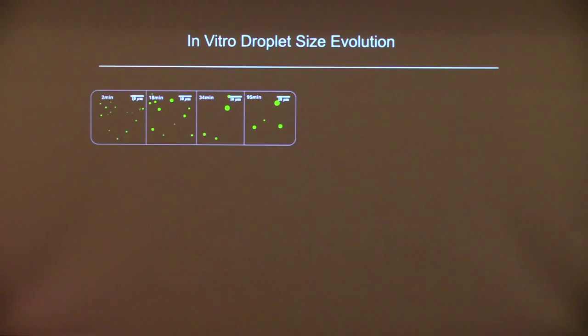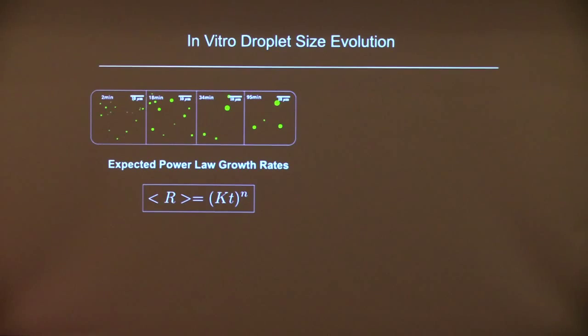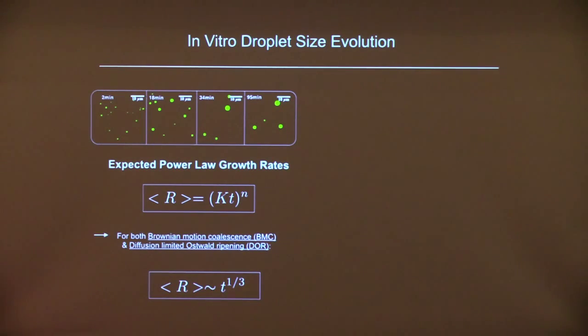So many of you might know these kinds of coarsening processes. Often you get power law growth in things like the average radius of these droplets. And the one that I had known about before, and probably you had seen before, is the 1/3 power growth law, right?